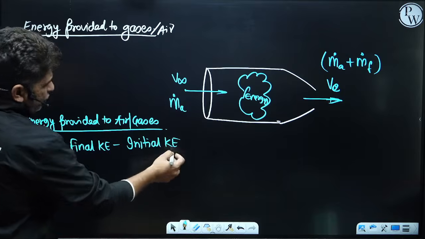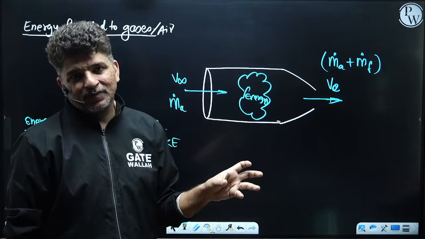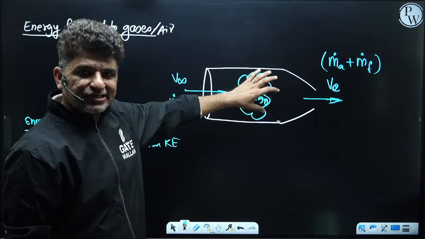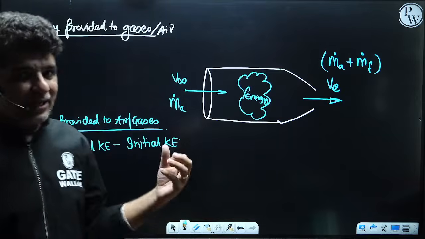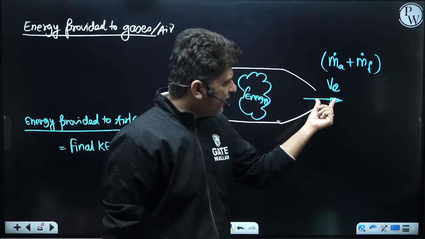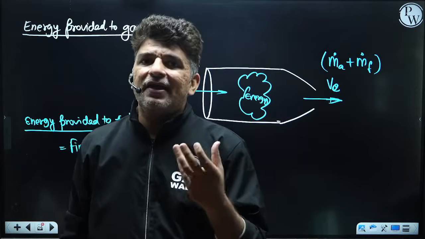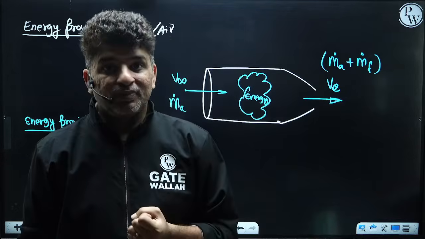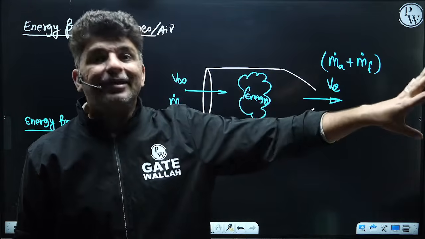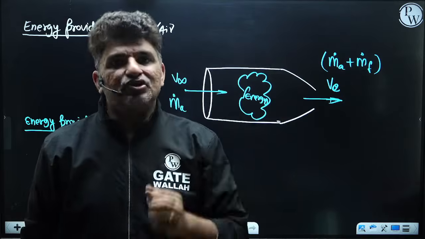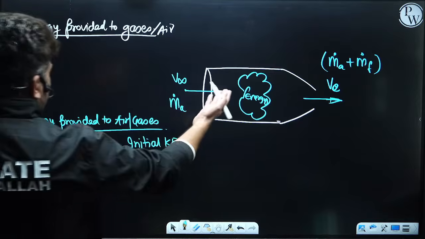Though this expression would vary slightly for jet engines, propeller engines, everywhere. Why will it vary? Because the gases which are coming out of here, in case of a jet engine, will also have a higher temperature. So the energy which is going out with the temperature, we actually take care of that in the Brayton cycle efficiency.